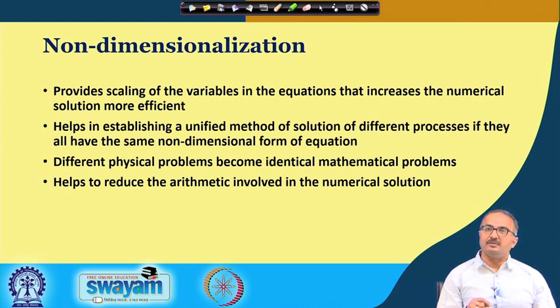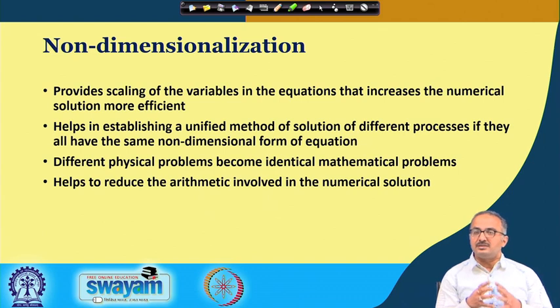Similarly, the Prandtl number which is there in the heat transfer equations has an analogous number in mass transfer, the Schmidt number. So in that fashion you will find analogous numbers appearing in various transport phenomena equations in terms of the energy balance, momentum balance and mass balance.